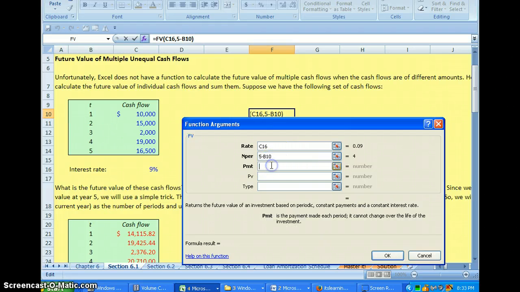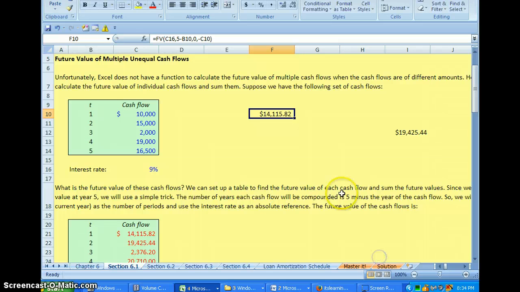The payments, 0, there's no payments involved. Present value is going to be $10,000. Now, to make sure this comes up with a positive number, we're going to enter the present value in as a negative. There we go. And that comes up, 14,115.